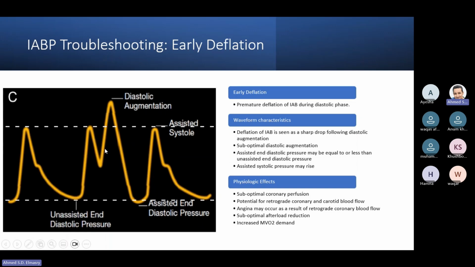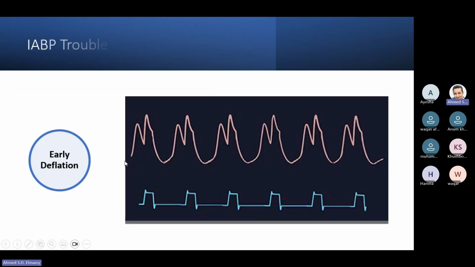This is the inflation time, the augmentation time, and it will be very short, but this is the time for the balloon deflation, and it will be prolonged. So the time for the balloon inflation will be very short, and the time for the balloon deflation will be prolonged. As you see here, this is the time for the balloon inflation, and then here is the deflation point, and the time for the deflation is very prolonged. This is very characteristic of the early deflation.